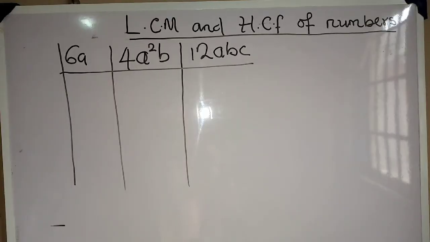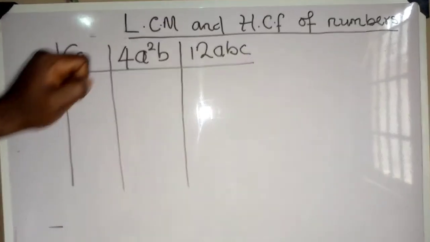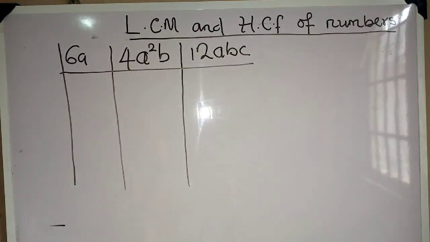Now here is another example. I'm asked to also look for the HCF of the terms 6a, 4a squared b, 12abc. The first question I will still ask myself is, what is the lowest common factor between 6a, 4a squared b, 12abc?